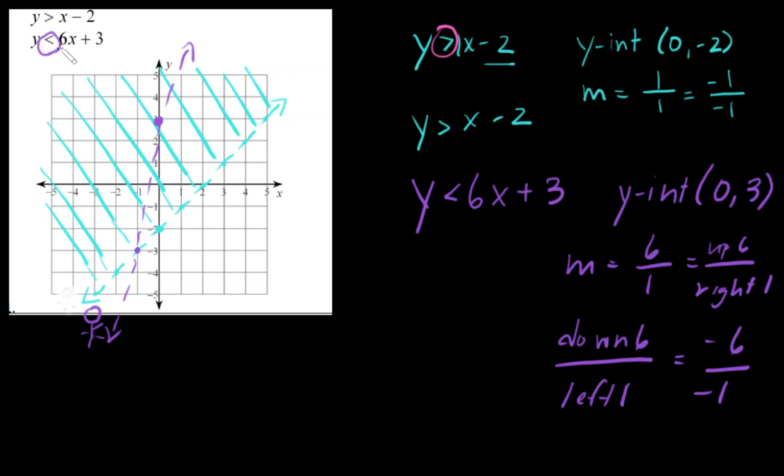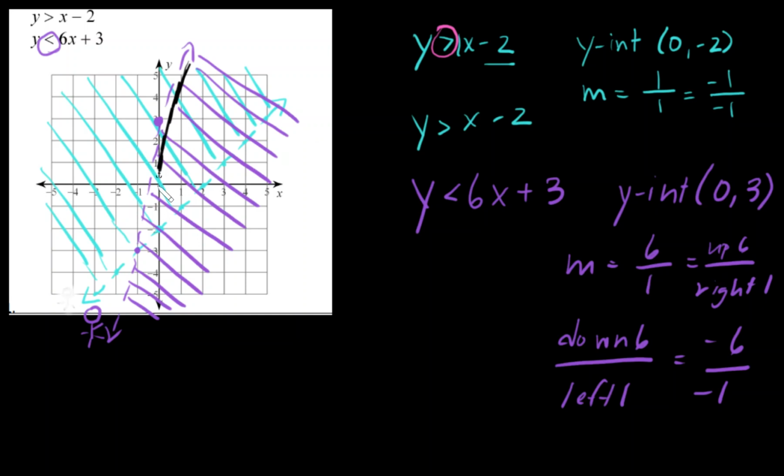We have a less than here, so it is going to be all of this down here in the mountain. And the area that is the intersection is going to be this area right here.